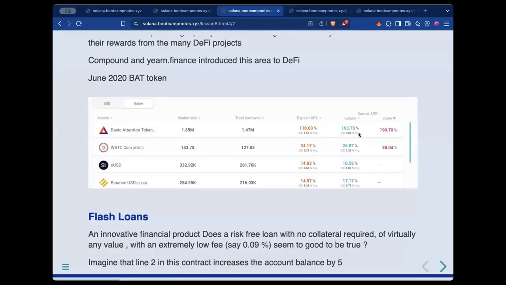Now, this didn't last, and the types of returns you get tend to be lower now. But it really did emphasize to me that there was a lot of appetite for these types of projects, and being able to do the composability and put these projects together and have tokens being transferred through many different projects.